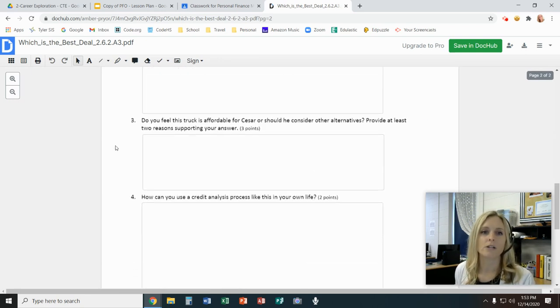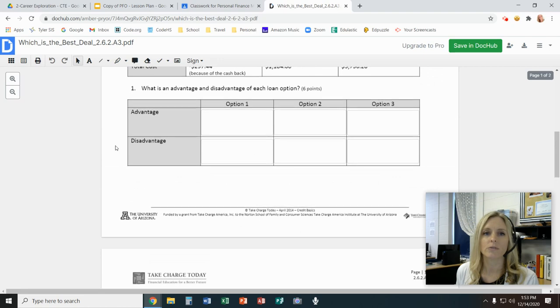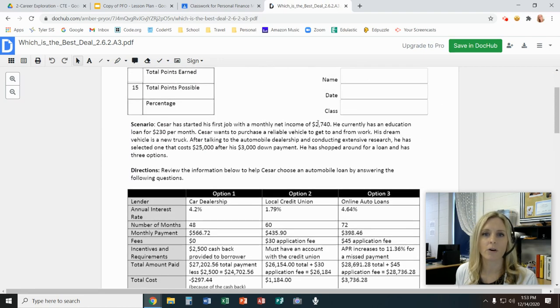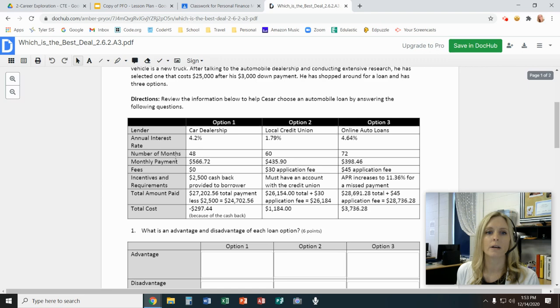Number 3, do you feel this truck is affordable for Cesar, or should he consider other alternatives? So, looking back at this story where we know that his monthly net income is $2,740, he has an education loan for $230. You're just going to give your best guess at whether he can afford these new monthly payments or not.